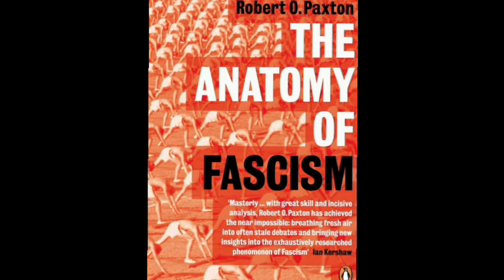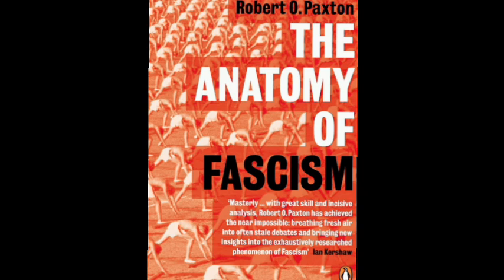Fascism in power. In the final sections of The Anatomy of Fascism, Paxton examines what happens when fascists come to power. Fascism, as Paxton notes, is not simply about seizing power, but also about transforming society. When fascists gain control of the state, they often seek to reshape the political, social, and economic landscape to reflect their vision of the nation.